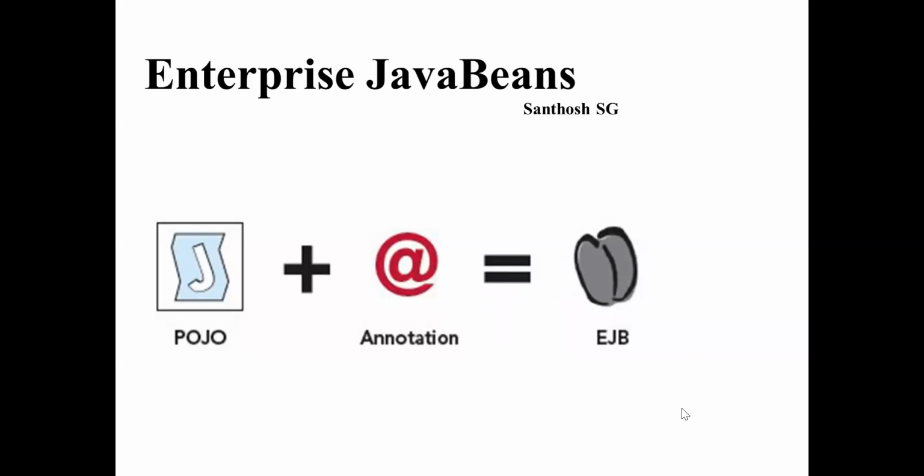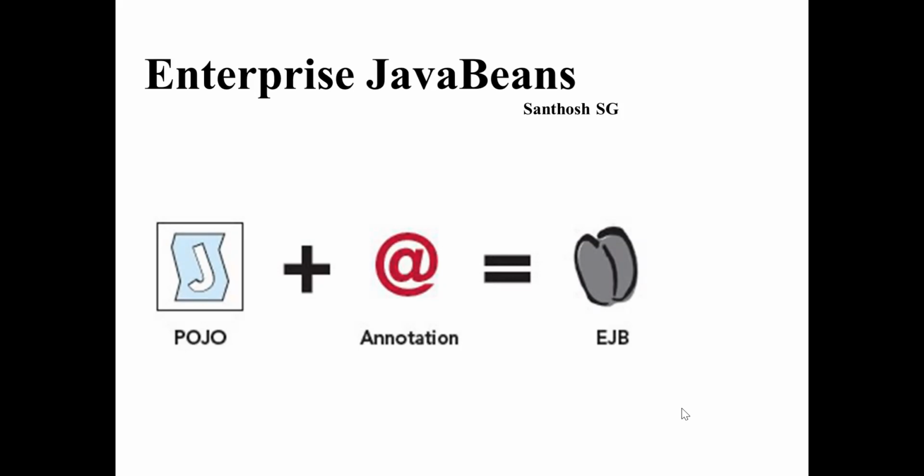Then what do you mean by POJO? Anybody? What do you mean by annotations? Annotation is metadata, that is, the basic data types you can use in Java programs or any applications. Then what is POJO?